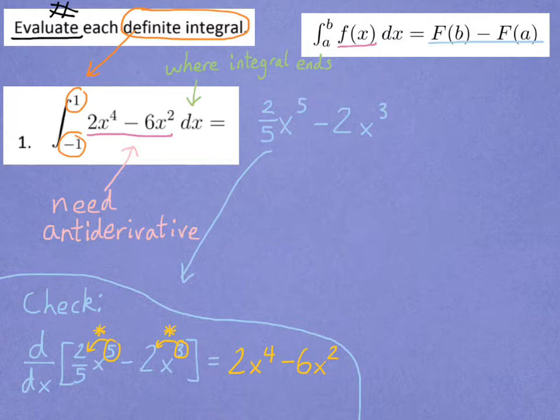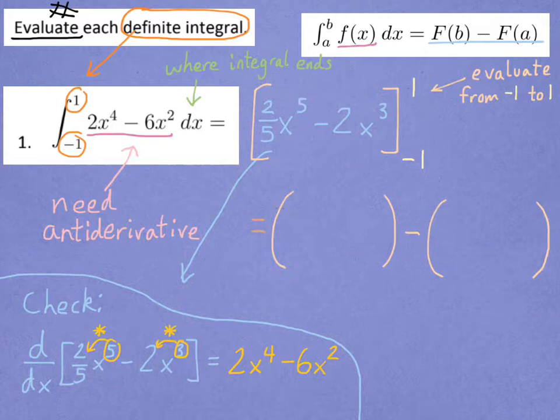But we're not done yet. We found the antiderivative, but we need to now evaluate that antiderivative from -1 to 1. That's what the symbol there means. I drew big brackets around it and put a -1 below and a 1 above. That just simply means evaluate from -1 to 1. Okay, and anytime you evaluate one of these, I strongly encourage you to draw this template.